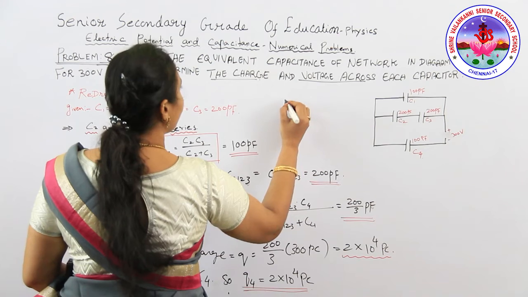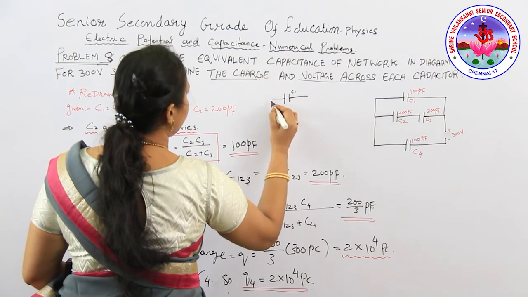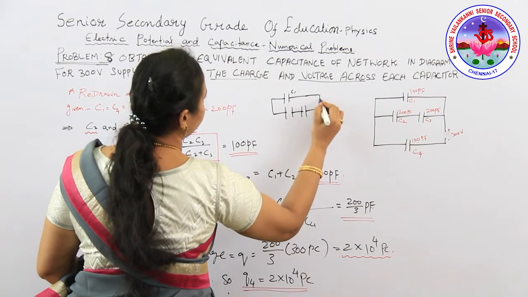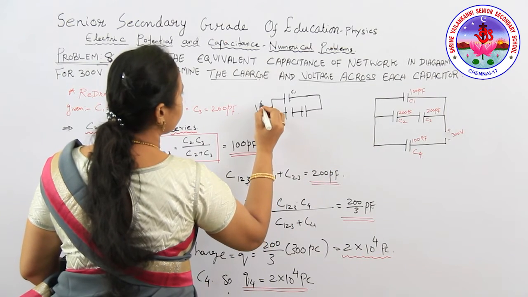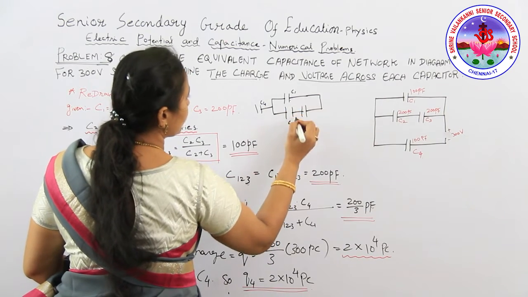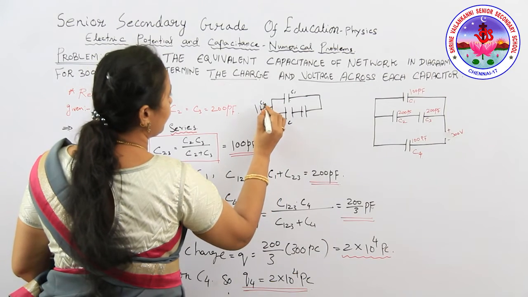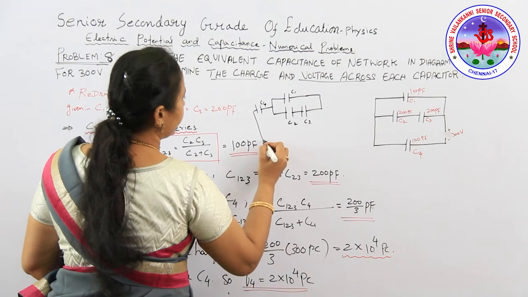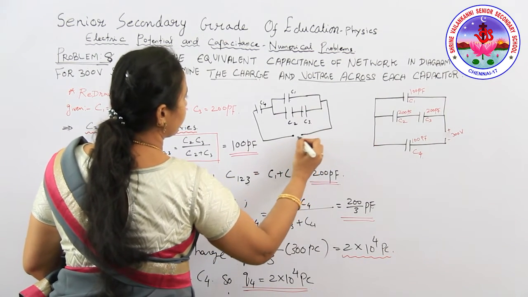The capacitors C2 and C3 are connected in series, and C4 is connected in parallel with this combination. So we can calculate the series combination of C2 and C3 first, and the 300 volt supply is connected here, right?